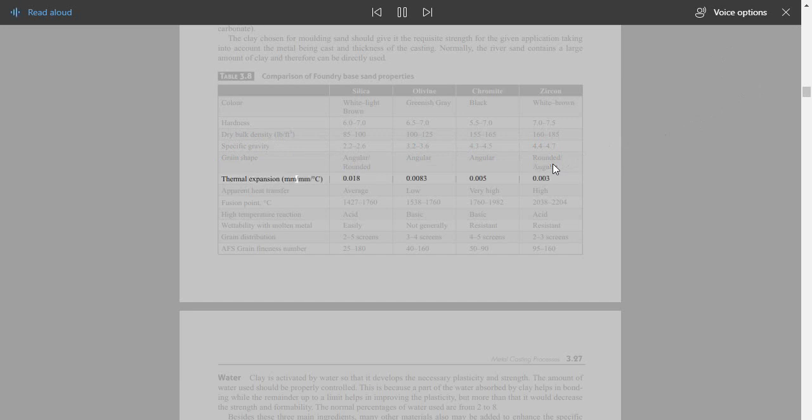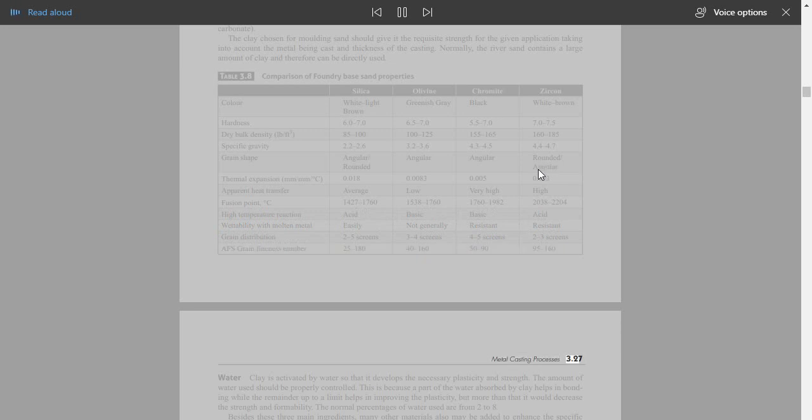Thermal expansion, mm/°C: 0.018, 0.0083, 0.005, 0.003. Apparent heat transfer: average, low, very high. Fusion point, °C: 1427, 1760, 1538, 1760, 1760, 1982, 2038, 2200. Reaction at high temperature: acid, basic, acid. Wettability with molten metal: easily, not, generally resistant. Grain distribution: 2-5 screens, 3-4 screens, 4-5 screens, 2-3 screens. AFS grain fineness number: 25-180, 40-160, 50-90, 95-160.